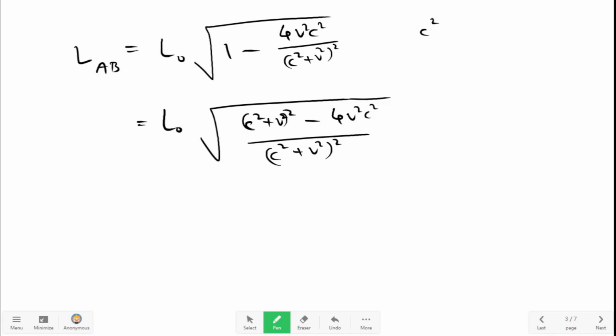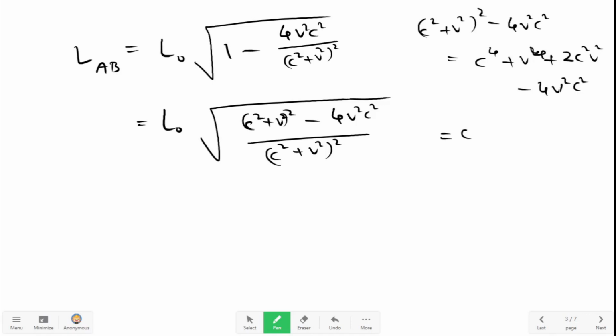Now C square plus V square the whole square minus 4V square C square is equal to C raised to 4 plus V raised to 4 plus 2C square V square minus 4V square C square, which is equal to C raised to 4 plus V raised to 4 minus 2C square V square, which is equal to C square minus V square the whole square.